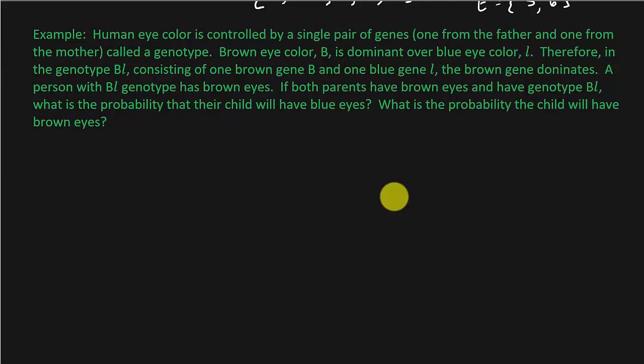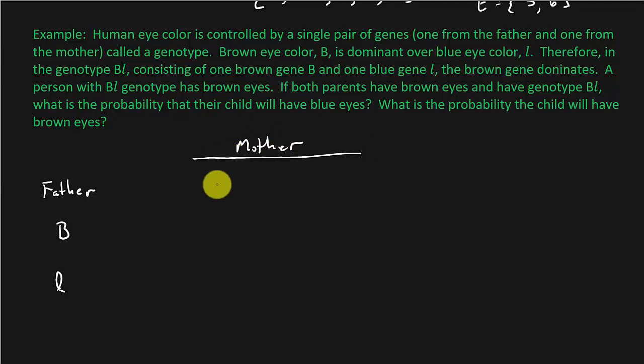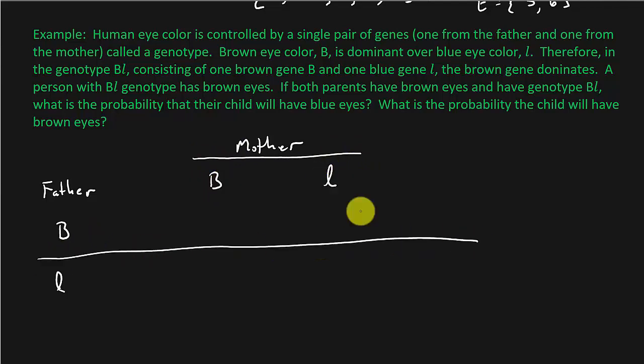All right. So for this one, we're going to need to draw this out. That's an L there. And then we have the mother here. All right. And she's going to have BL.